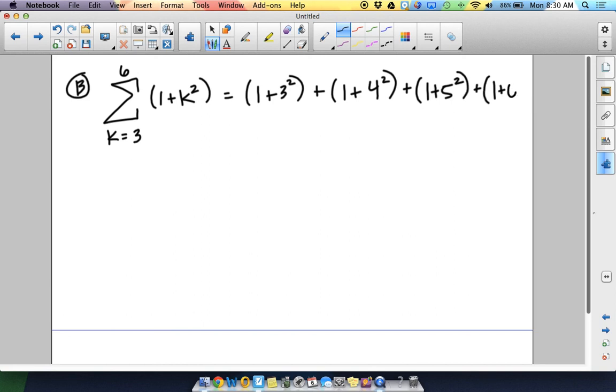Do I ever do this to infinity? Why? No? Why don't I do this to infinity? You can't. Okay? You keep adding and adding and adding forever. You can't add certain types of sequences forever. There are types that you can.